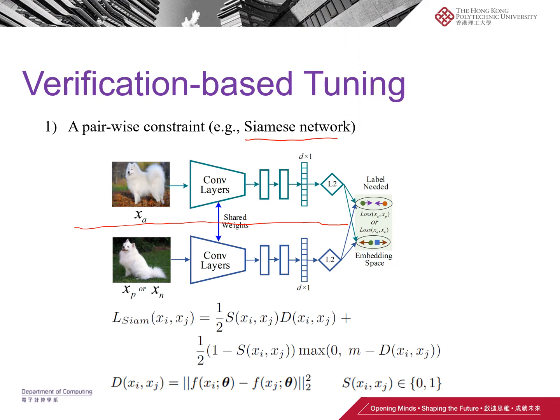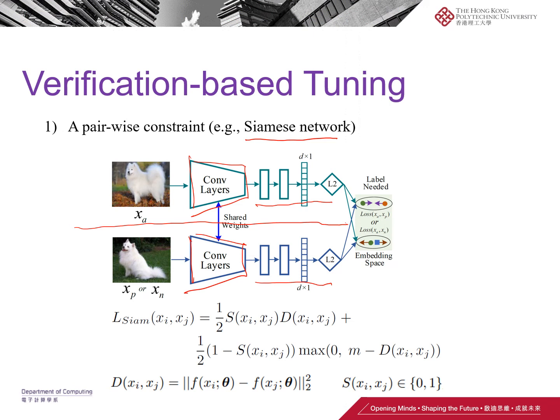For these two streams, it starts with a pre-trained convolutional network. Those could be pre-trained for a classification task, and the latter layers are FC layers. But for updating the parameters, we are using a specifically designed loss function.